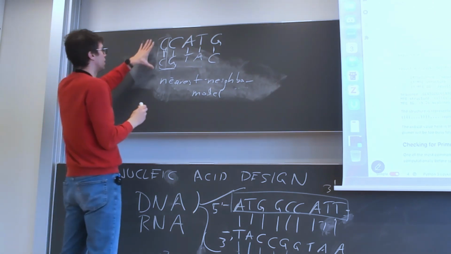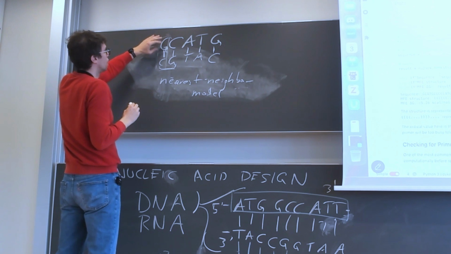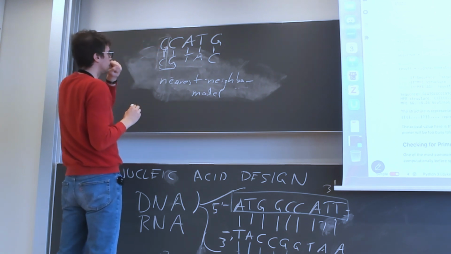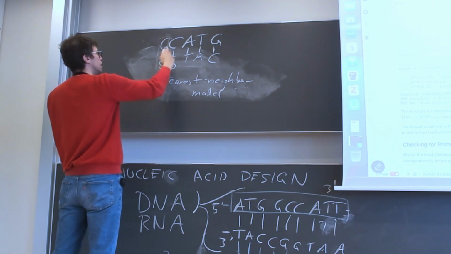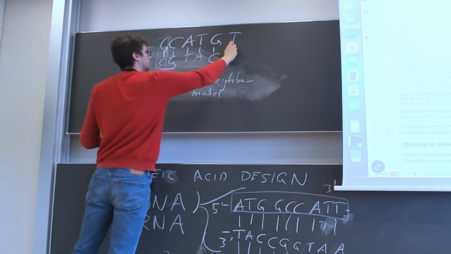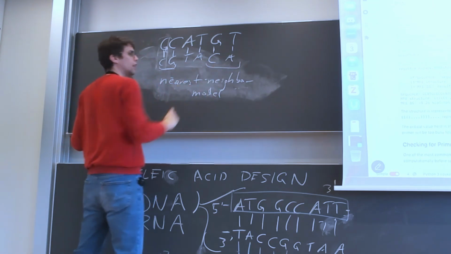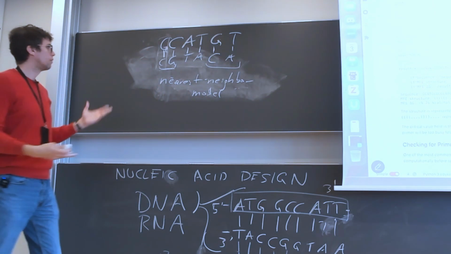So here, the stability, that means the free energy delta of this GC-CG pairing is different than a GC, let's say here, TA pairing. That's a bit different. And there's a lookup table, experimentally validated for all these pairs.